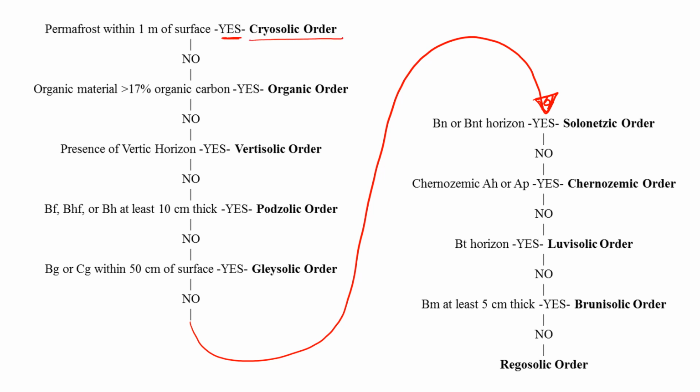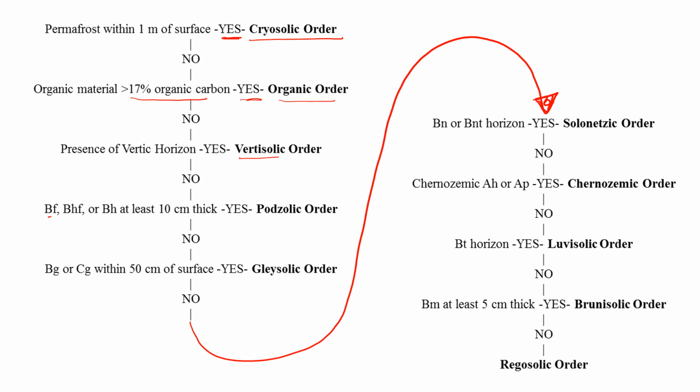Even if it has some other diagnostic horizons, if there's permafrost within 1 meter, it's Cryosol. If there's organic matter greater than 17% carbon, if the answer is yes, it's an Organic soil. If there's a presence of a vertic horizon, it's a Vertisolic soil. A vertic horizon has to do with shrink-swell clays, and we don't really see these in Alberta, so we're not really going to talk about that in more detail.